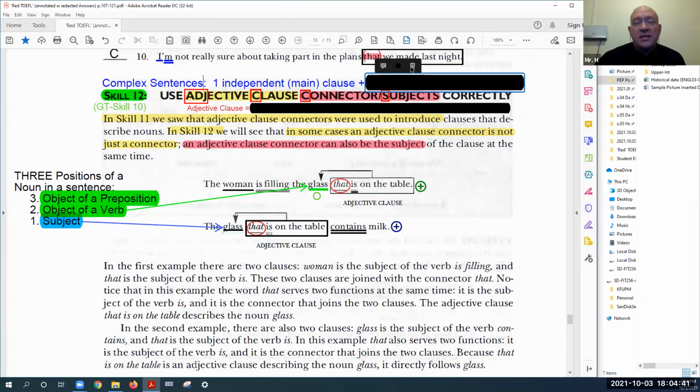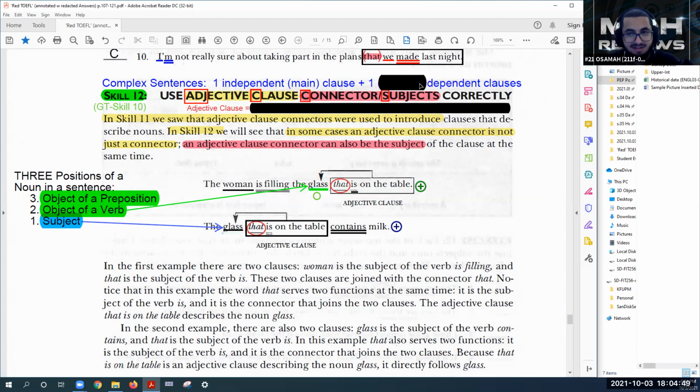And what's a dependent clause? Let me ask you this: how should I begin every dependent clause?